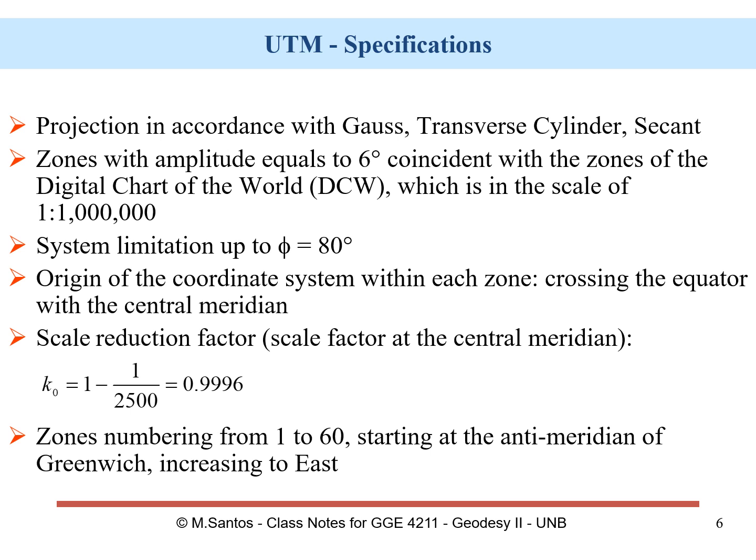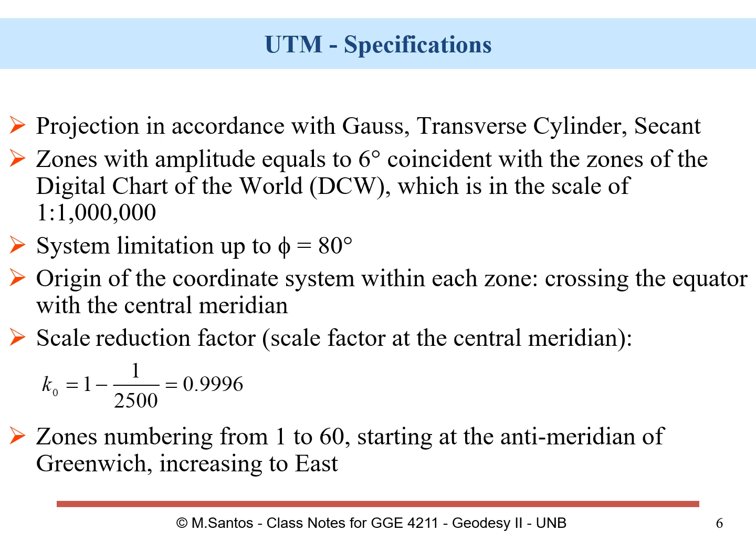The system is limited in its use to latitude up to 80 degrees. The origin of the coordinate system within each zone is at the crossing of the equator with the central meridian.